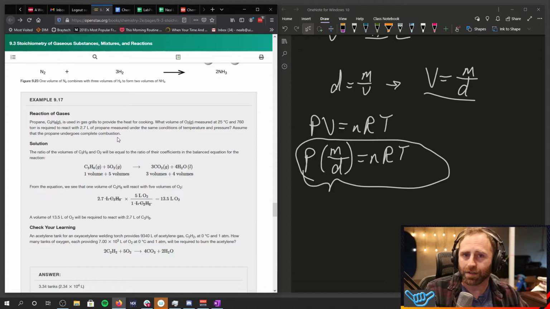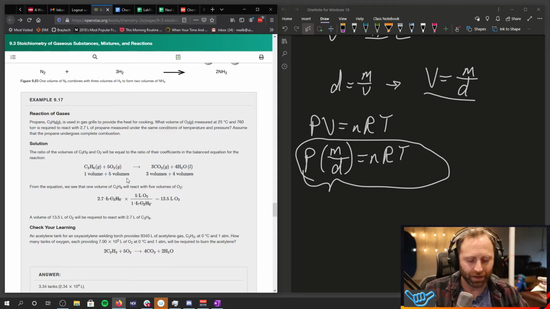There's a couple of different ways that you can solve this problem. This problem actually has you react volumes of gas with volumes of gas, which is totally fine, Avogadro's law.